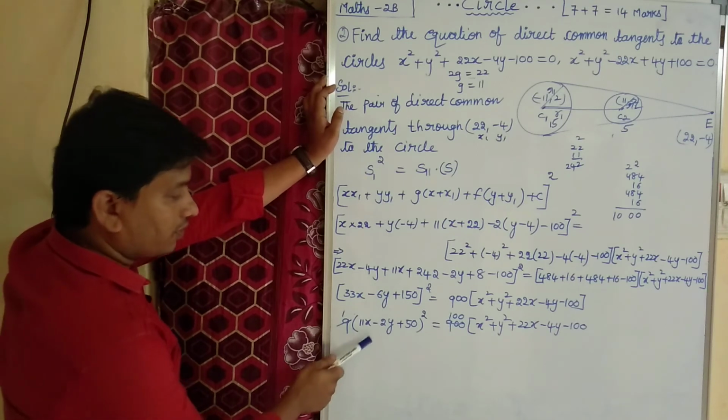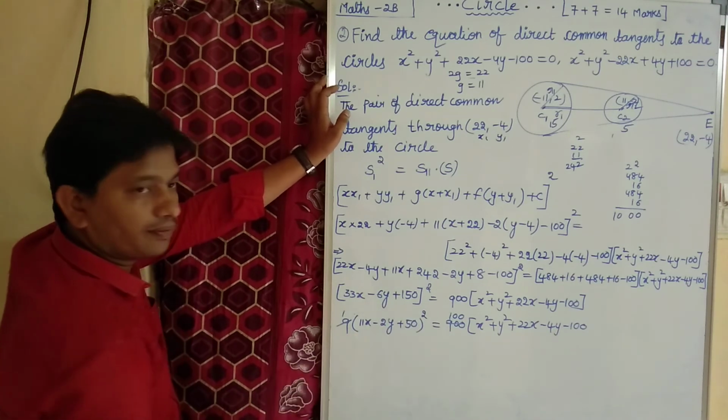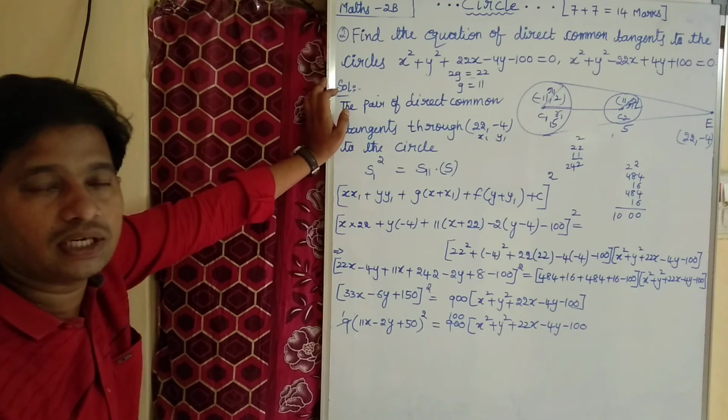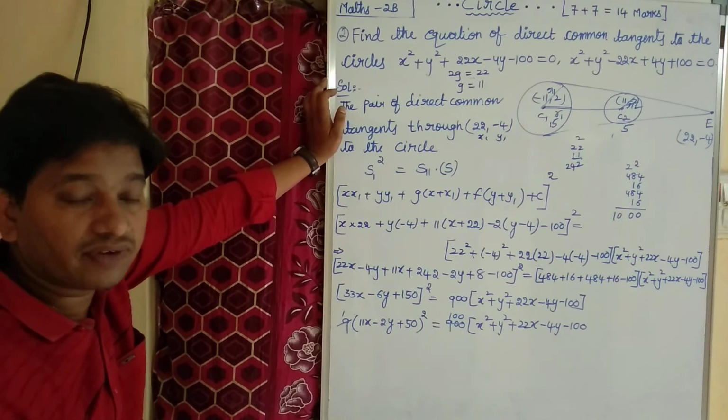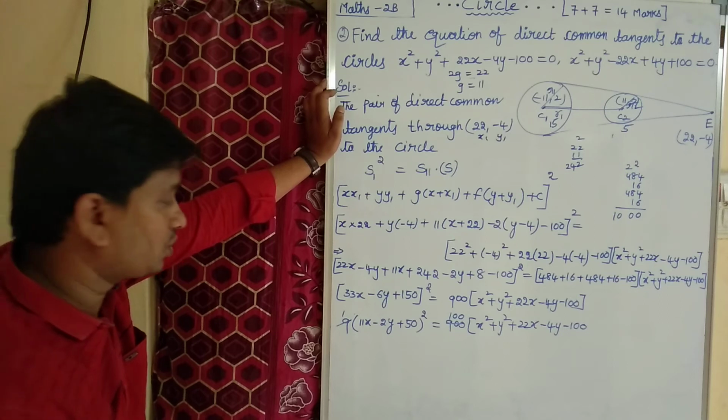Now which is in the form of a plus b plus c whole square. What is the formula of a plus b plus c whole square? A square plus b square plus c square plus 2ab plus 2bc plus 2ca.